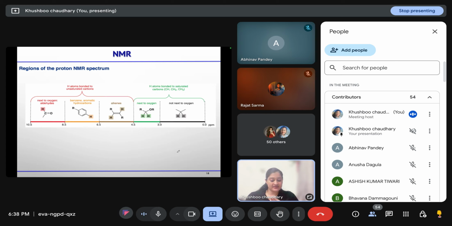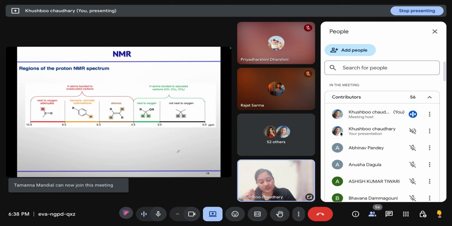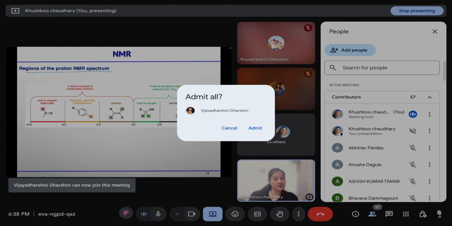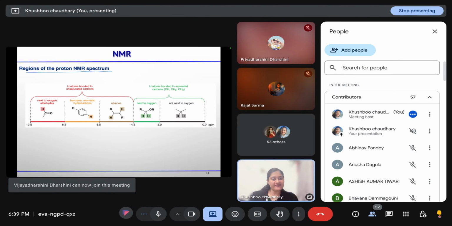Now let us discuss in more detail how we can classify the regions of the proton NMR spectrum. We saw that from 0 to 5, all the protons attached to a saturated system will come, and after 5, unsaturated systems will come.